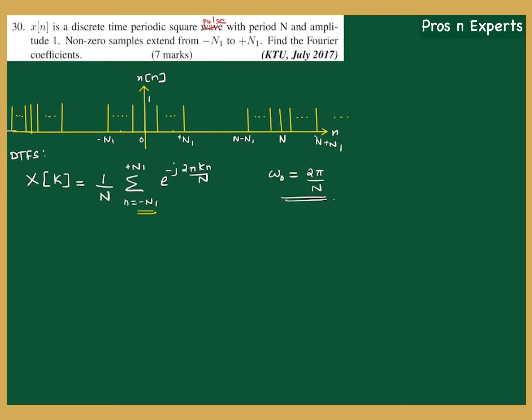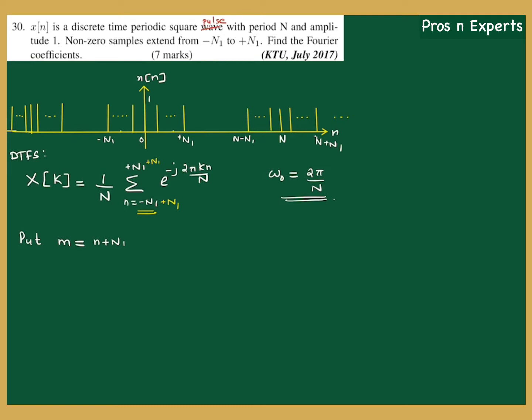To get 0, I must add N1, and similarly I have to add N1 here also. So I put a new variable m equal to n plus N1. N1 added with n, so I'm calling this new variable m equal to n plus N1.